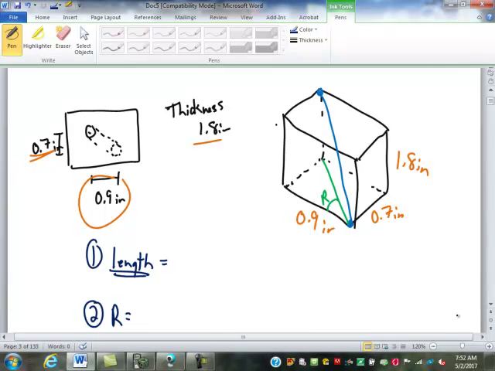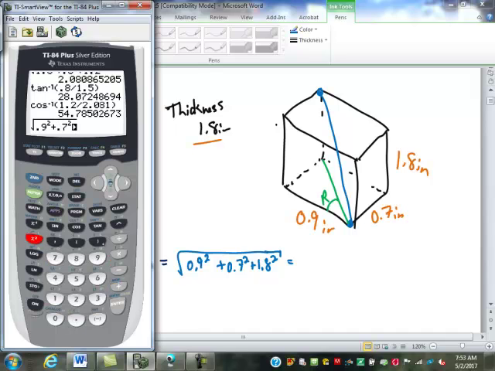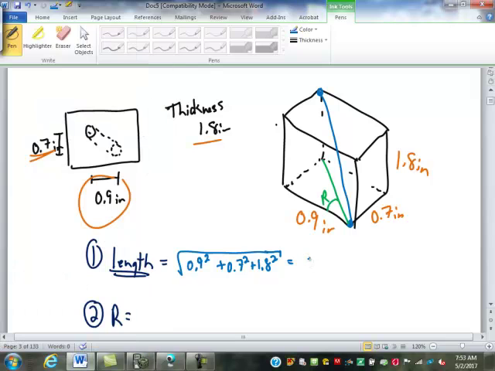Okay, so our length is going to be the square root of, and again, it doesn't matter what order I put these in, 0.9 squared plus 0.7 squared plus 1.8 squared. That gives us 2.131 inches. How many of you had that for your length?